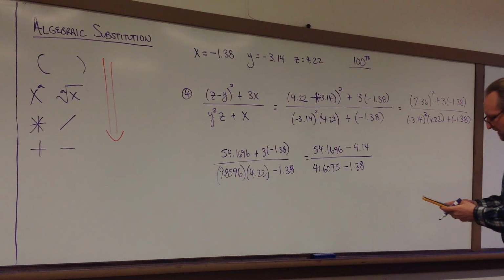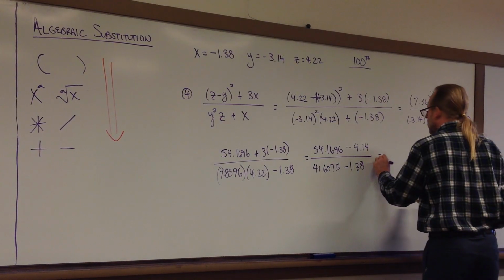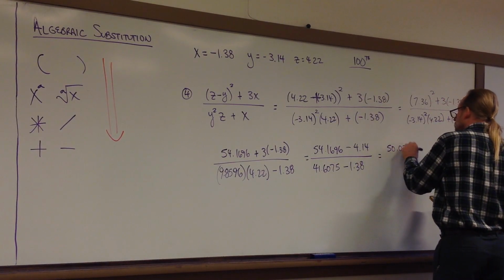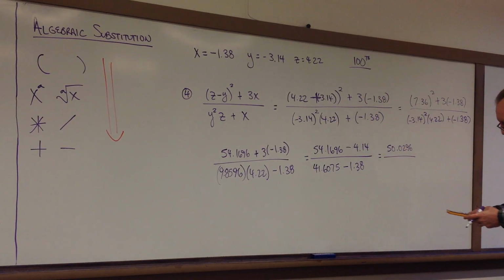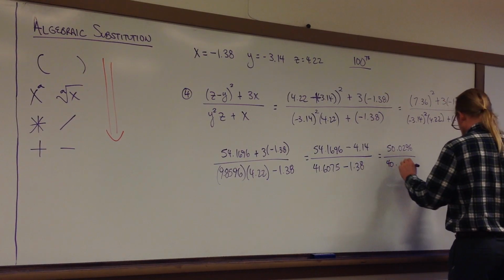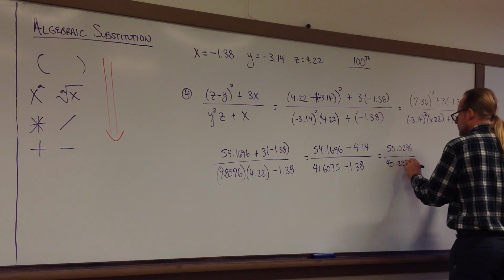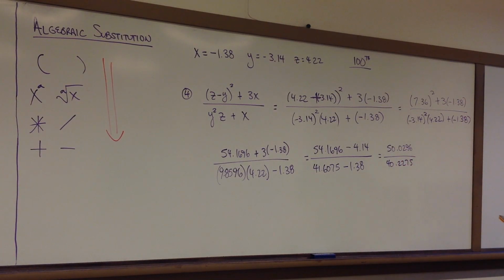And now let's just calculate these. 54.1696 minus 4.14, 50.0296. And then on the bottom, 41.6075 minus 1.38, 40.2275. Okay, that looks reasonable.